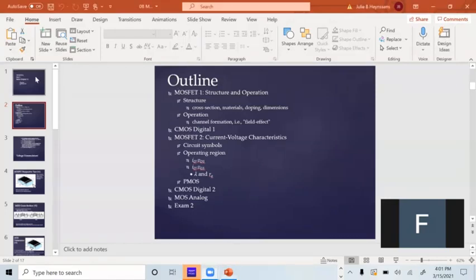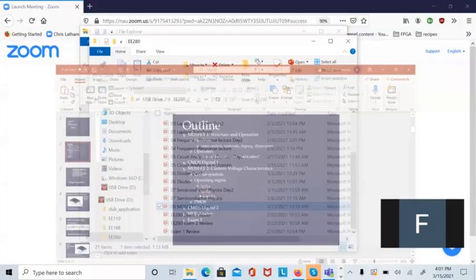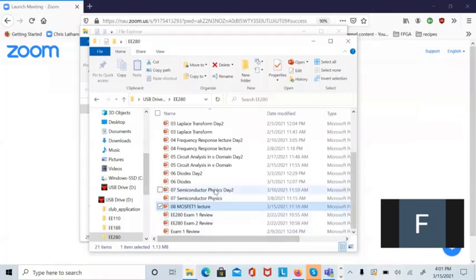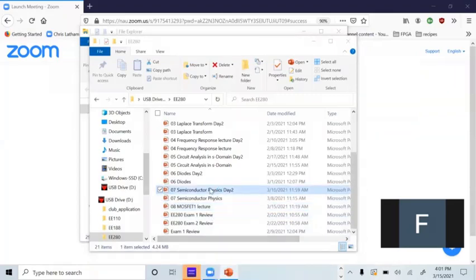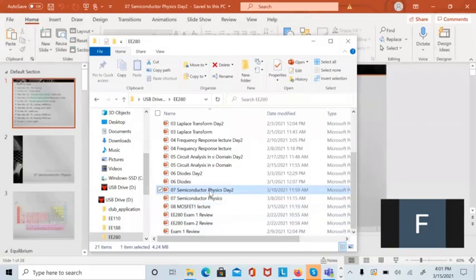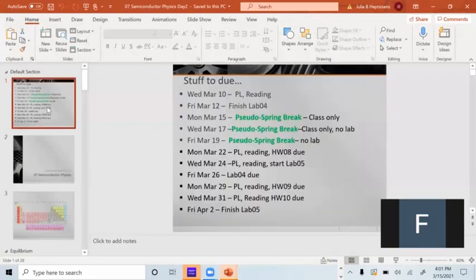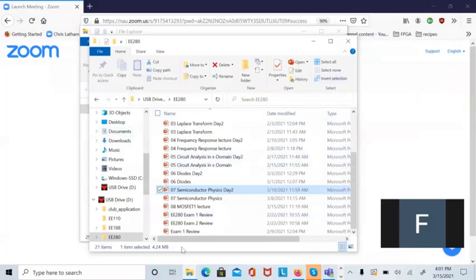Oh, what happened to my... I didn't do that. Okay, so what we're gonna do here is we're gonna go back a little bit. Semiconductor physics day 2. Somehow I forgot to do that. Control C. Where is it? Where's my other one?